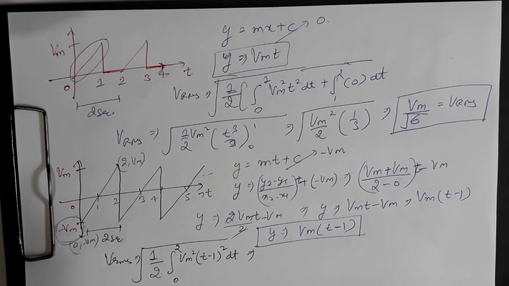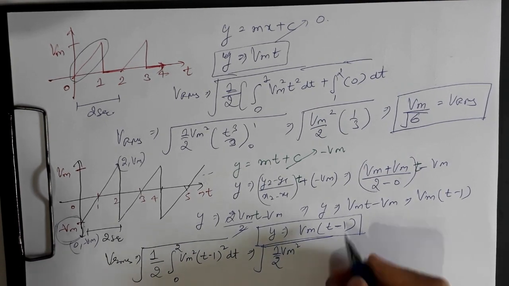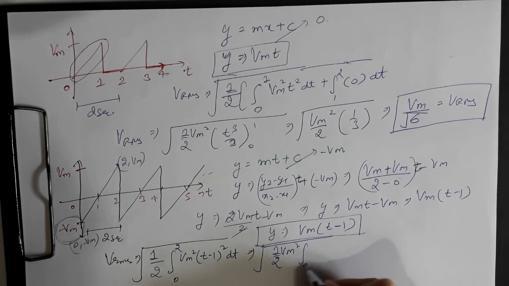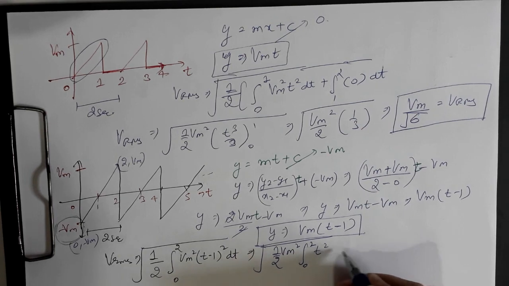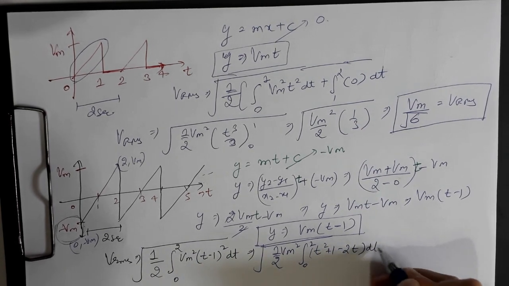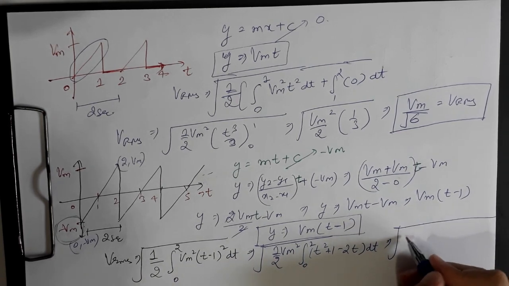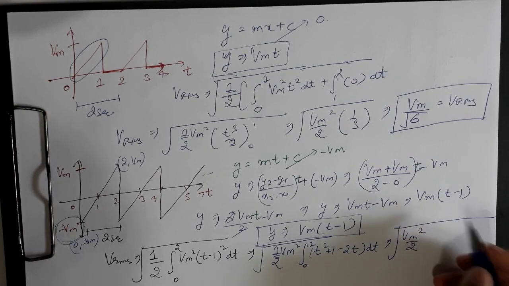Friend, now solve it and integrate. This is 1 upon 2. I am taking Vm square constant outside the integration. 0 to 2, solve this. Open this bracket, t square plus 1 minus 2t dt. Again, now integrate. This comes out to be Vm square upon 2.